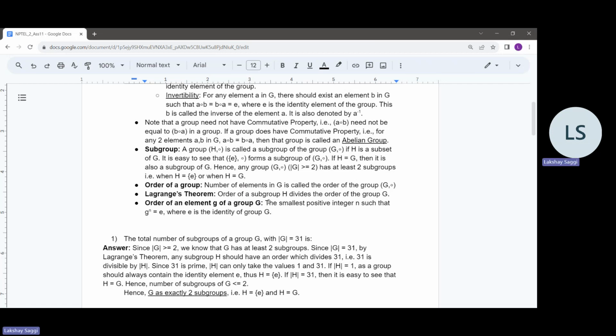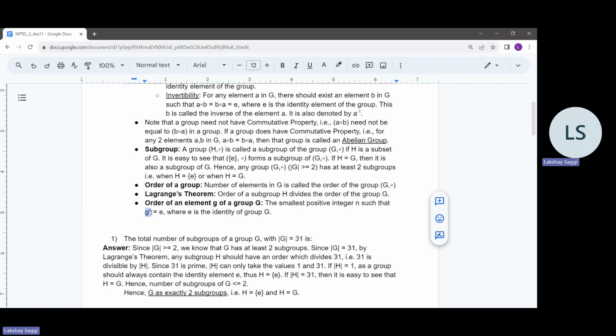The order of the element g is a quite simple definition: the smallest positive integer n such that g raised to the power n is equal to the identity element of that group. g raised to the power n means multiplying g n times. So we first take g, then g square, then g cube, then g to the power 4.